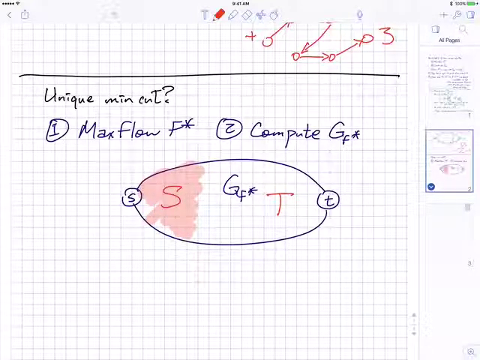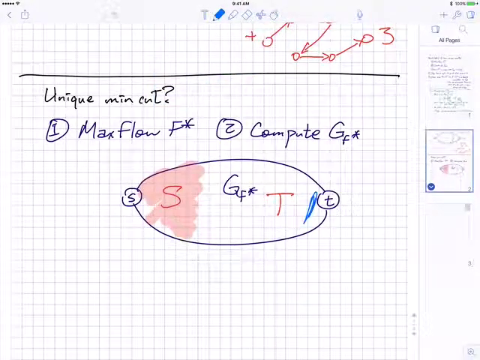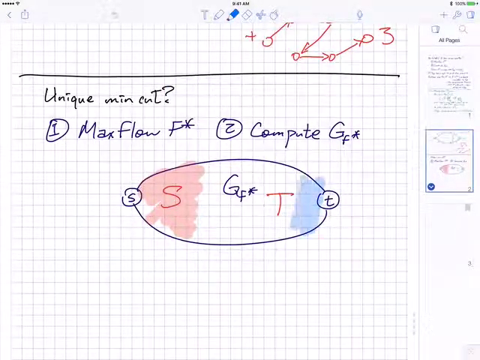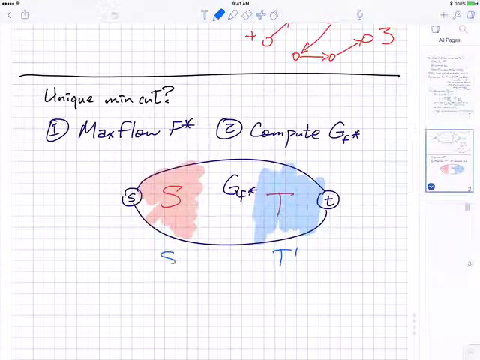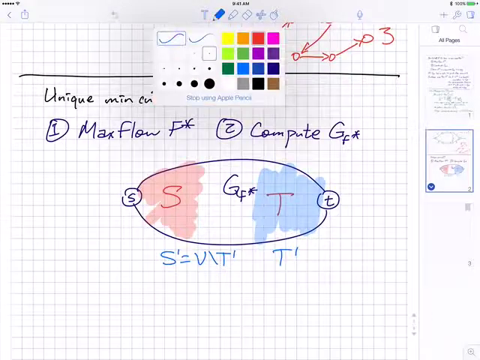But there's another way that I could compute a minimum cut, which is to start at T and walk my way backwards to look at all vertices that can reach T, essentially running the reachability algorithm backwards. This gives me a different minimum cut.